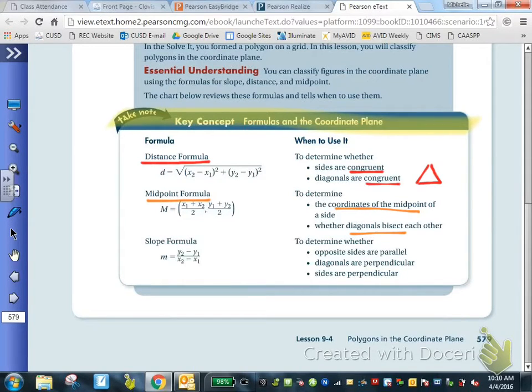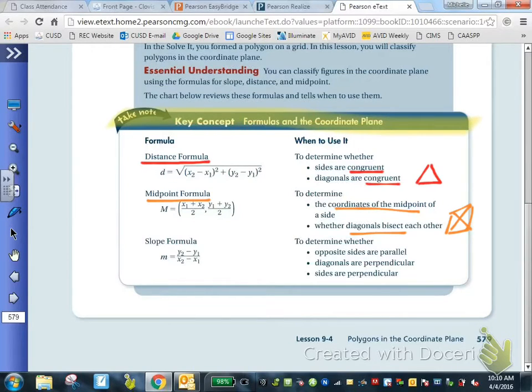Okay, so that might come in handy if I'm doing a rhombus. I just did a rhombus. Pretend those lines touch. The whole point of a rhombus is that the diagonals bisect each other. So we could use the midpoint formula to determine if a shape is a rhombus by looking at the diagonals and if they bisect each other.